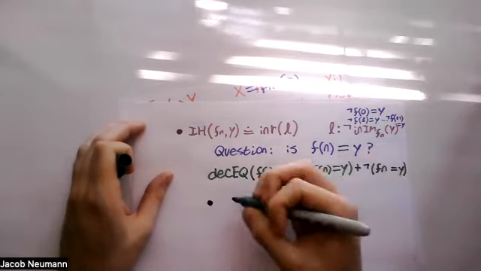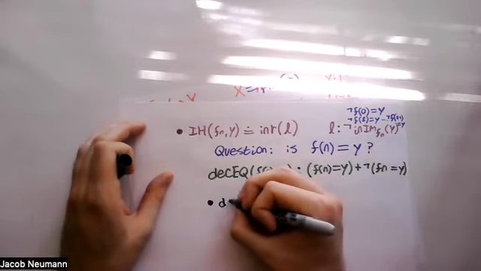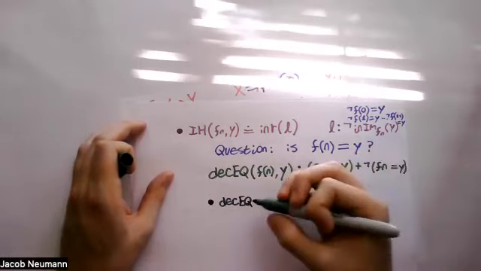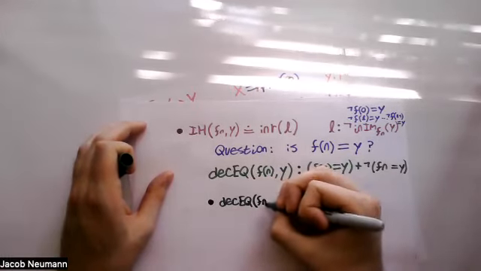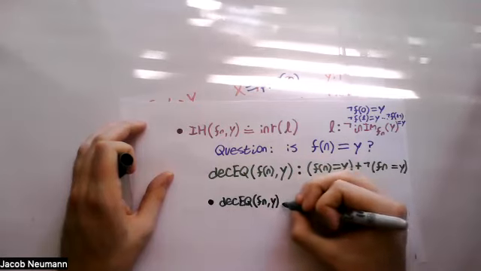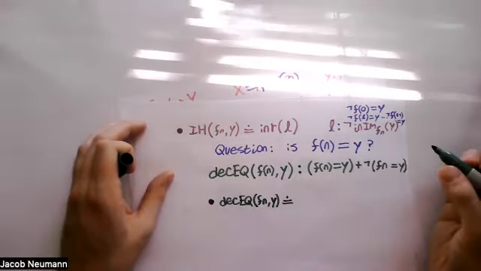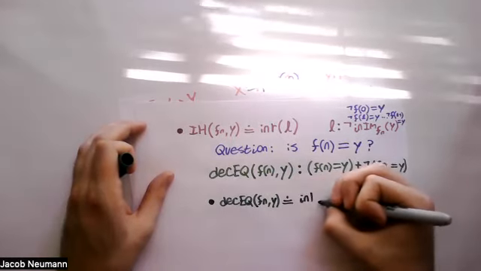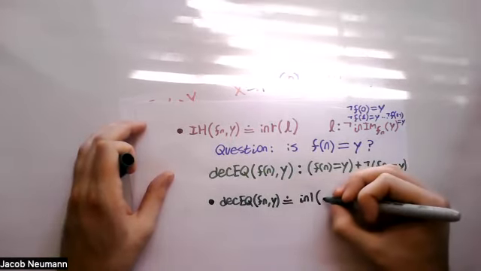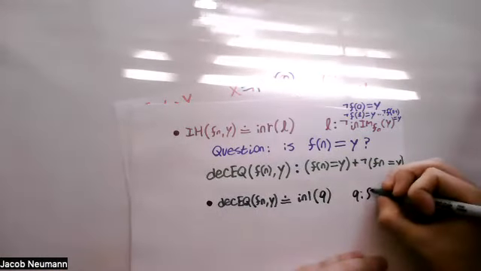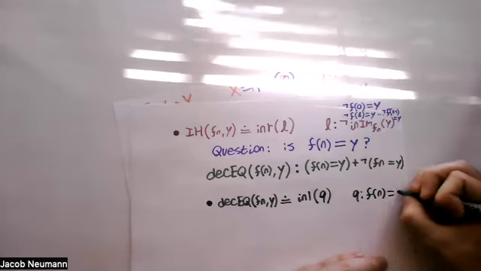Case 1 is that dec EQ of f of n and y is the left thing, so it is in left of q, where q says that f of n is equal to y.